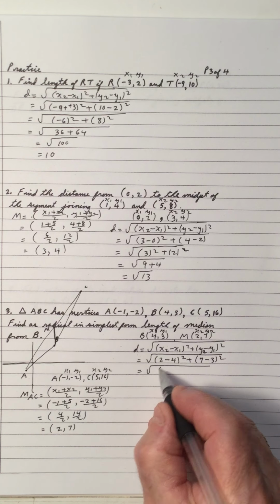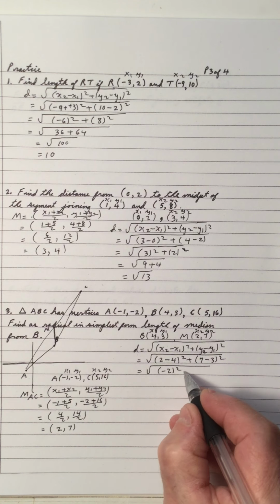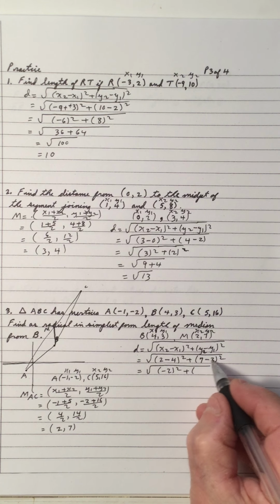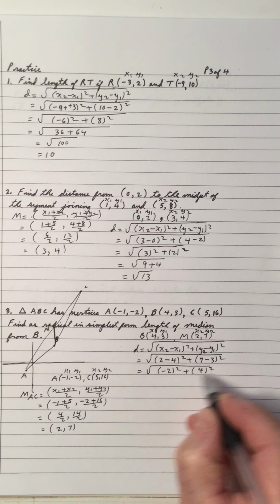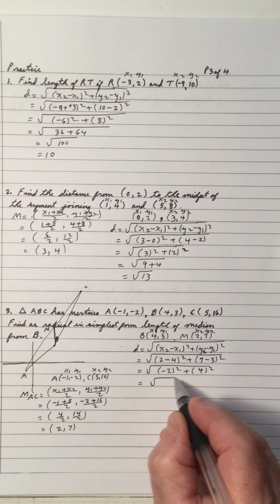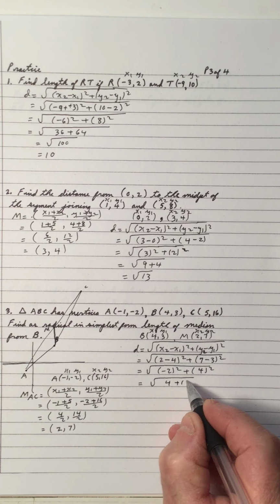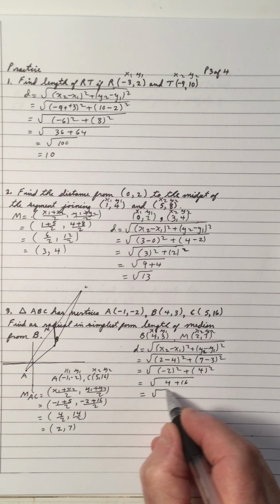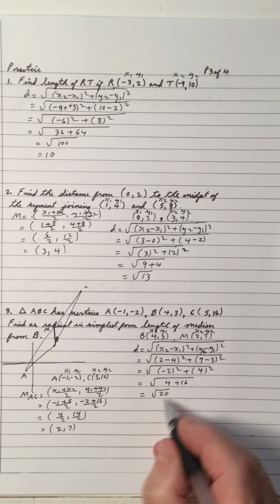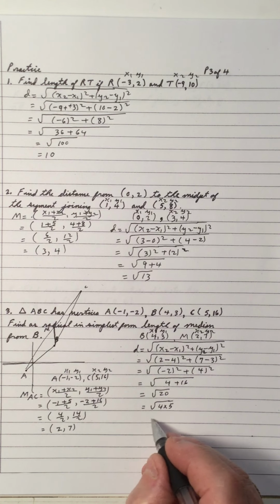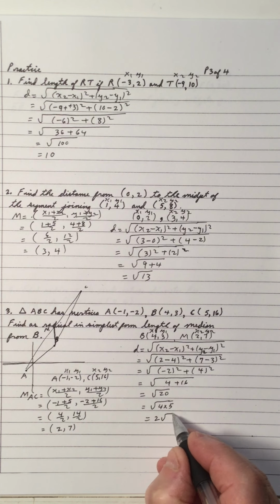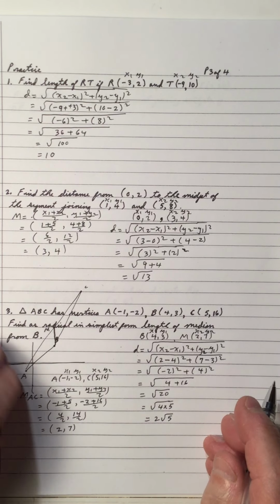Work out the brackets first, so it's negative 2 squared, and that's 4 being squared. Negative 2 squared is 4, 4 squared is 16, that gives you the square root of 20, and 20 is 4 times 5, square root of 4 is 2, so it's 2 root 5 as a radical in simplest form.